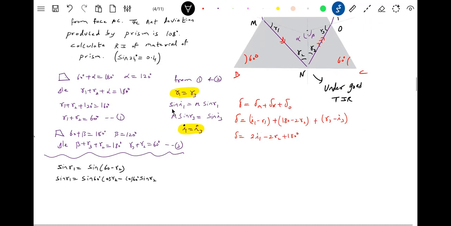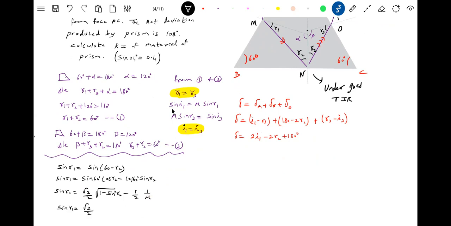Then this will be cos R2, so this will be 1 by 2. Sin R2 is 1 by mu. So sin R1 equal to root 3 by 2.